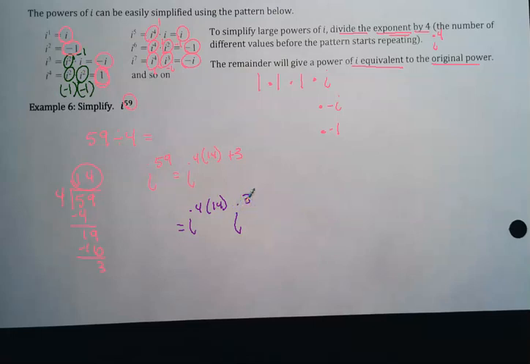That's what we're getting at, because these all equal 1. i to the 4th is 1. 1 to the 14th power is still 1. But i to the 3rd, we know, is equal to negative i.